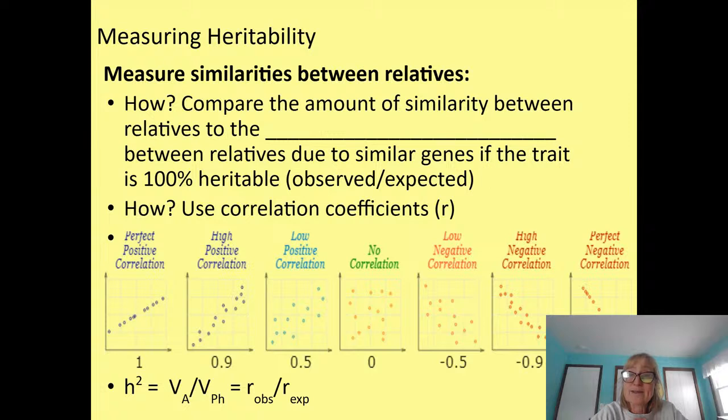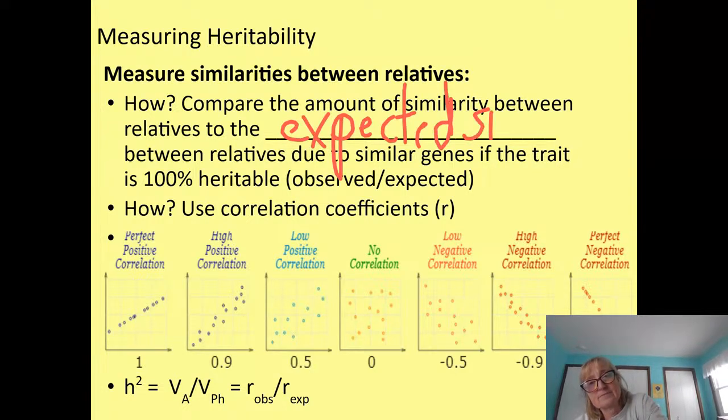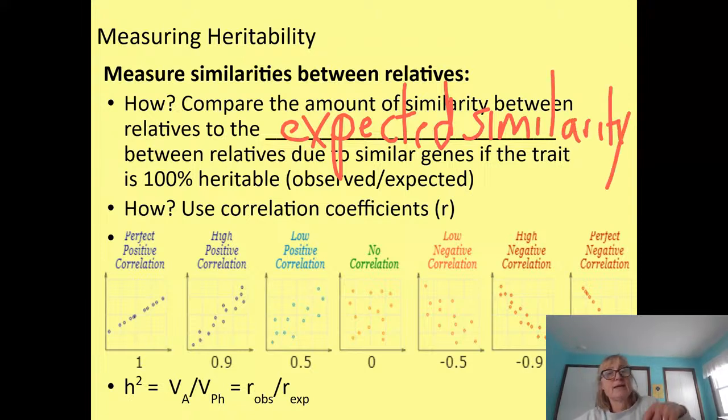You compare the amount of similarity between relatives in a trait, like let's just go with height, for example, to the expected similarity between relatives due to their similarity in genes, if the trait is 100% heritable.